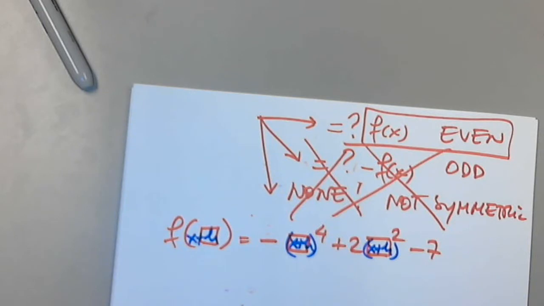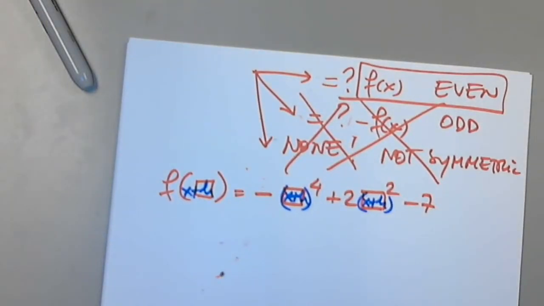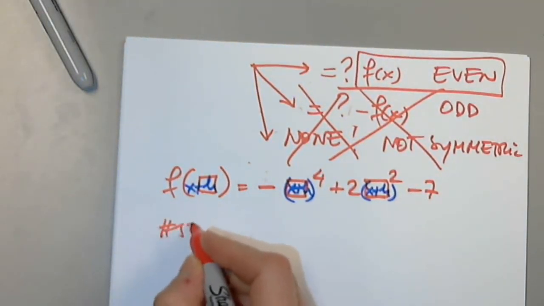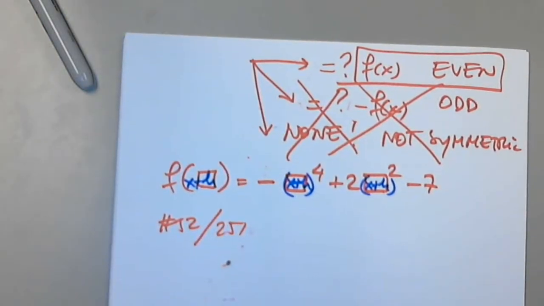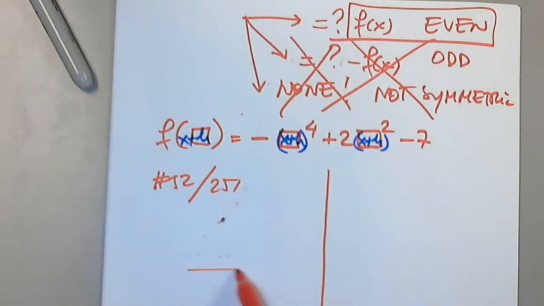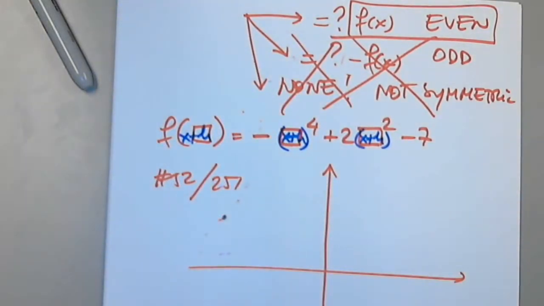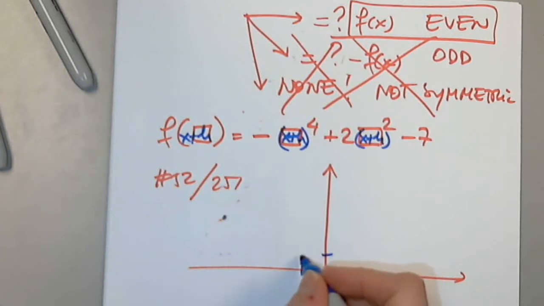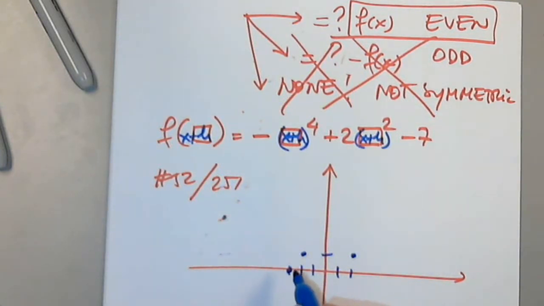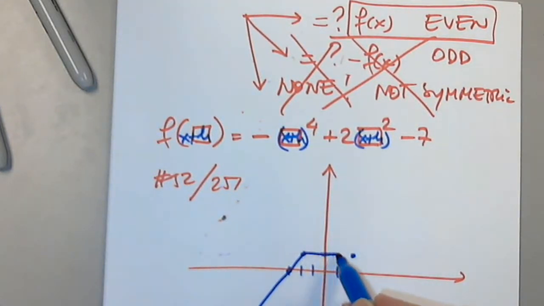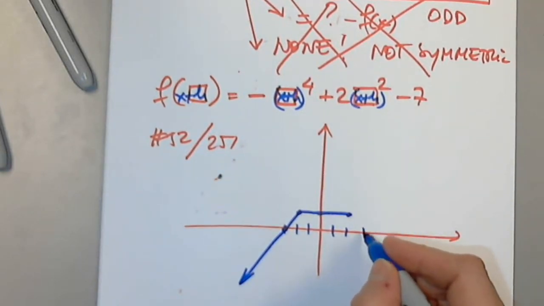Okay, so moving on to an example, I would like to look at problem 52 on page 251. I'm copying the graph. We have a lot of questions here to answer. So I see 1, 2, 1, 1, 2, it crosses here, and it crosses here.